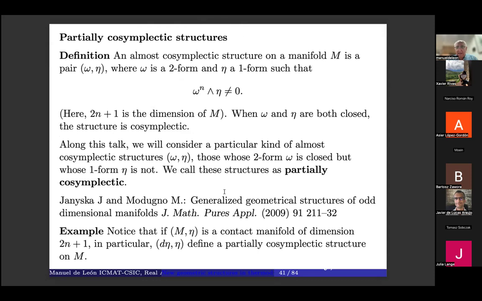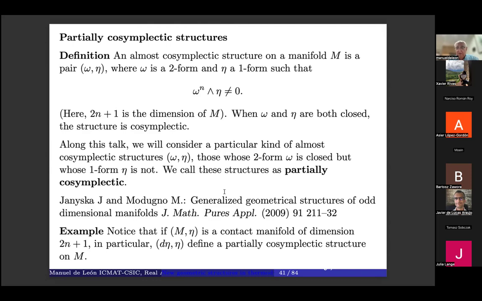If omega and eta are not closed, we have an almost cosymplectic structure. But we can consider the situation where the two-form is closed, but not the one-form. And we call these structures partially cosymplectic.